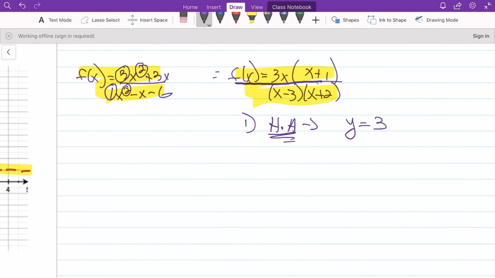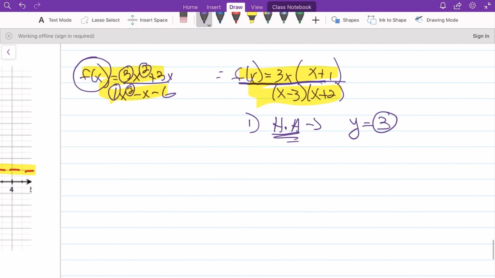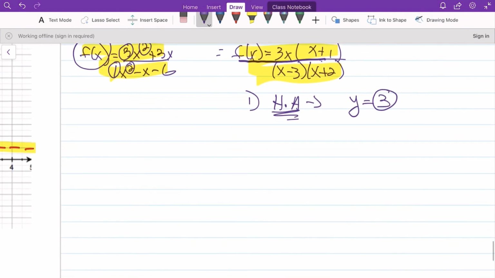So what we're going to do is take this 3 and wind up substituting it right in here like we did in the other example on the other side and see if it works. So let's see what happens. I'm just going to move this up just a little bit. And we're going to have 3 equals 3x squared plus 3x over x squared minus x minus 6. And we're going to solve the equation.